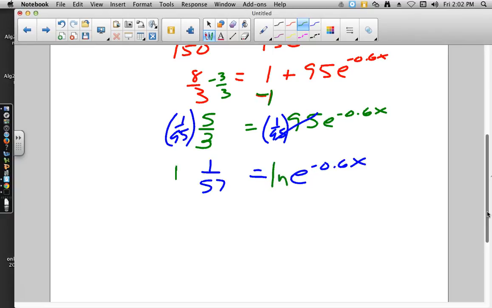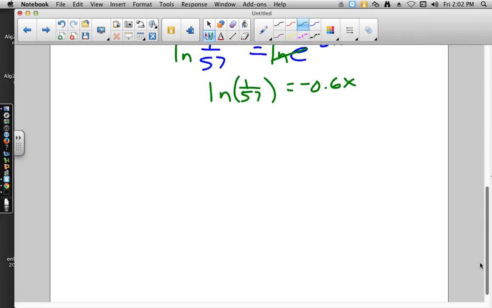We're going to go ahead and take the natural log of both sides. So the natural log of 1/57th equals negative 0.6x, because e and natural log are inverses of each other, and then divide by that negative 0.6, and punch it in.